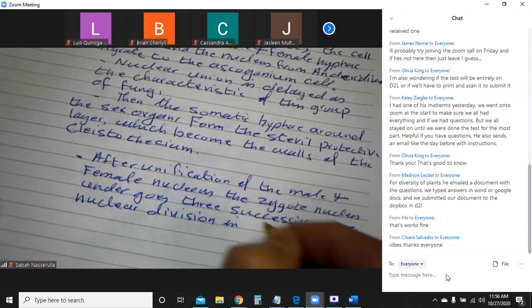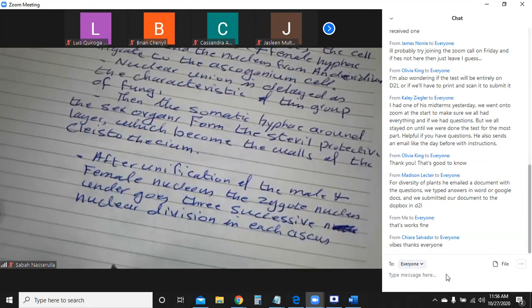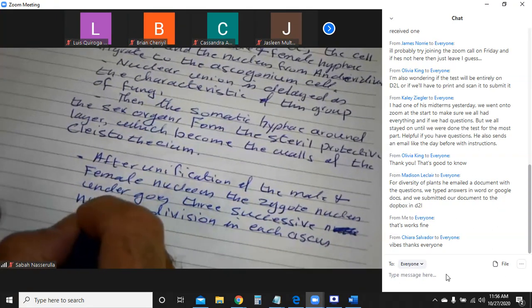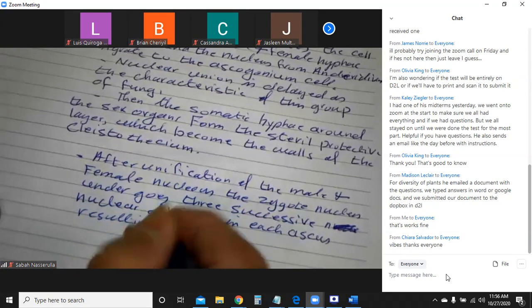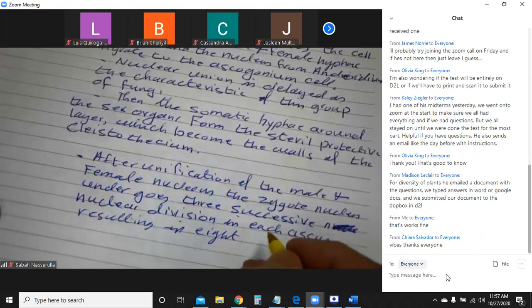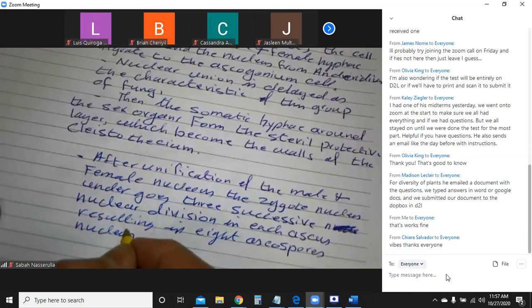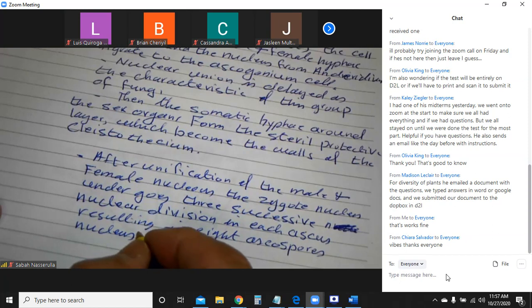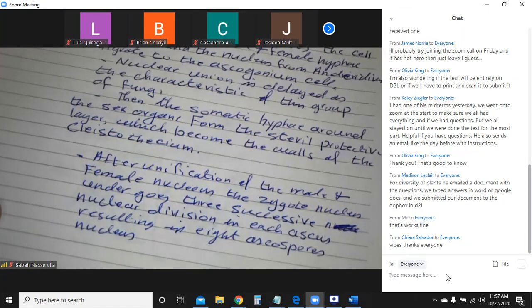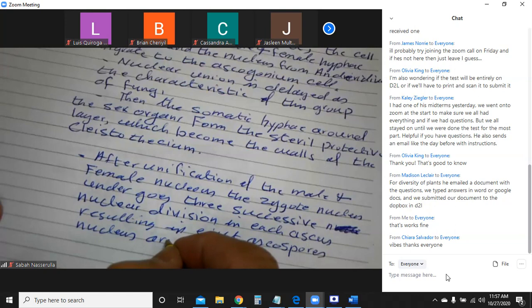In each ascus, resulting in 8 ascospores, a nucleus, as we are developed.